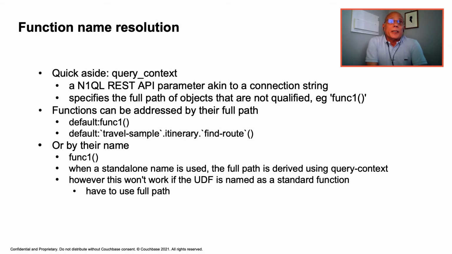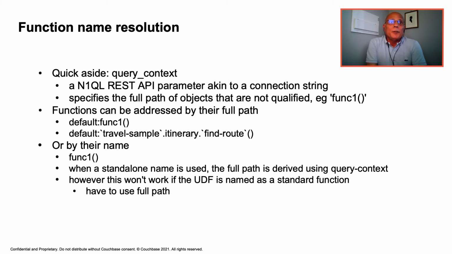We qualify user-defined functions in exactly the same way as we would with collections. If you're using a full path, there's no ambiguity in any way. Two parts, that's global. Four parts, that's a scope function.